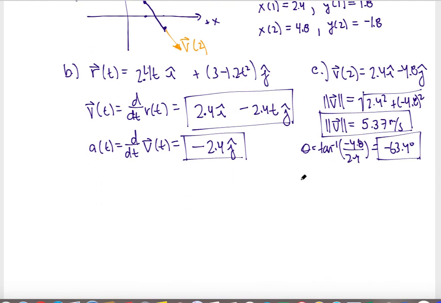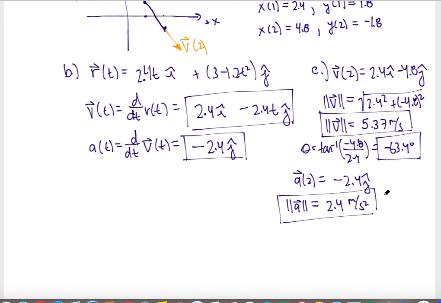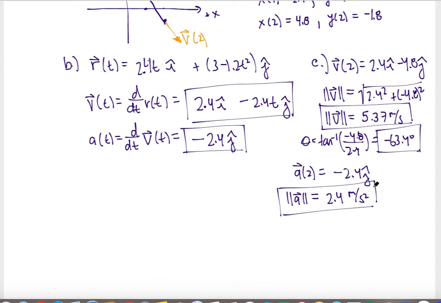For acceleration, however, it may be different. So my acceleration vector at 2 seconds will just be negative 2.4 j hat. Thankfully, the magnitude of this is really easy since it's one-dimensional. That is quite simply 2.4, and this is meters per second squared. I don't need to do any Pythagorean theorem because it's really just one-dimensional.